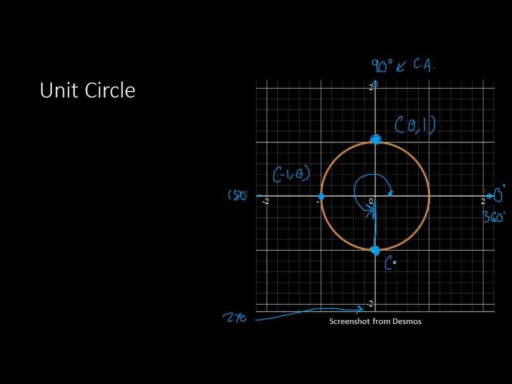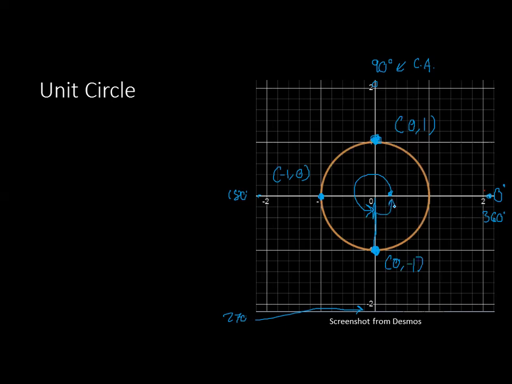It is 0 and -1. 0, because it has no horizontal direction; it doesn't move left or right away from the origin. -1, yes, because it moves away from the origin, but it's going downward, so it's negative.